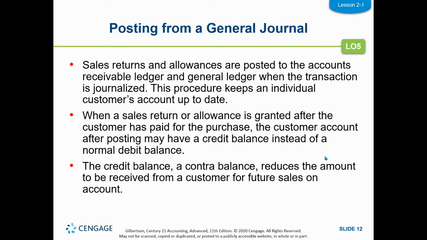We're taking it out of accounts receivable, out of their customer account, and out of the sales tax payable account, because it basically wipes out that whole transaction. But we have to have the paper trail for it. If somebody brings something back, we have to have that paper trail.